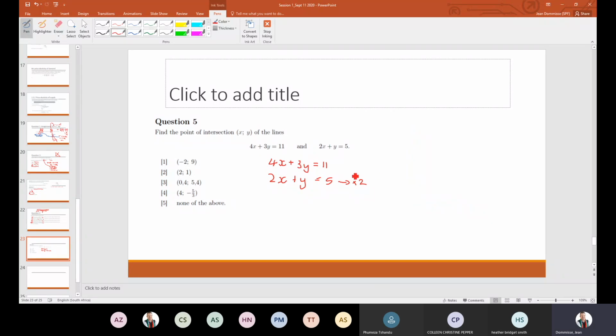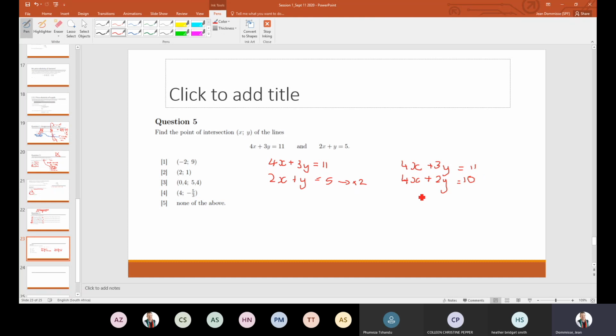So if I multiply that by 2, I get 4x plus 2y is equal to 10. Then the top one I would have kept the same. There's no problem with that one. Equal to 11.